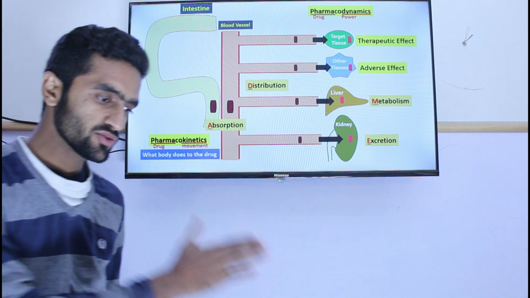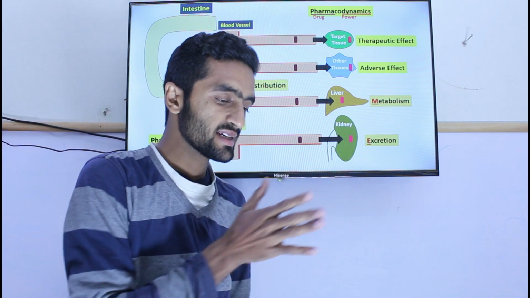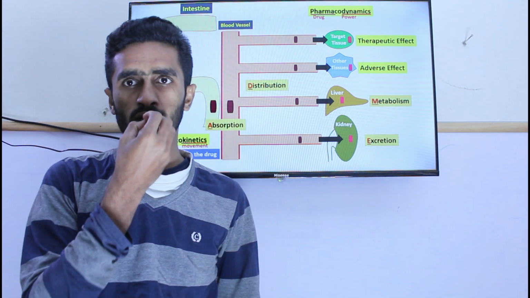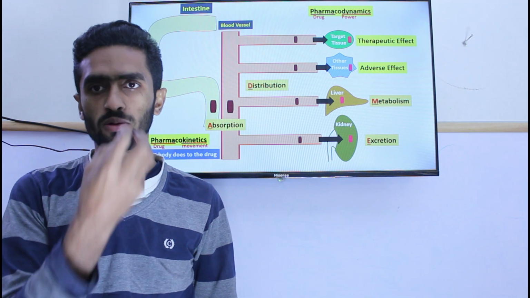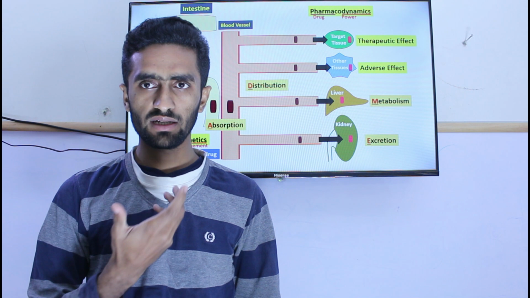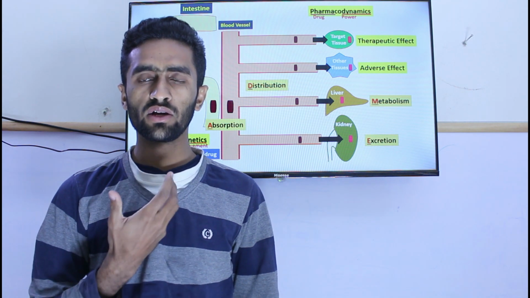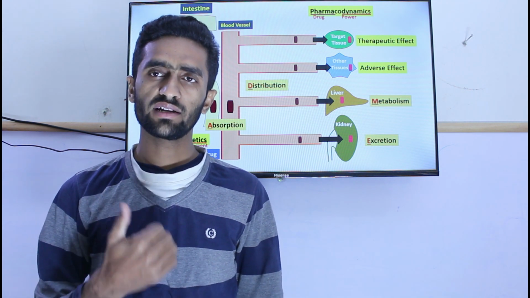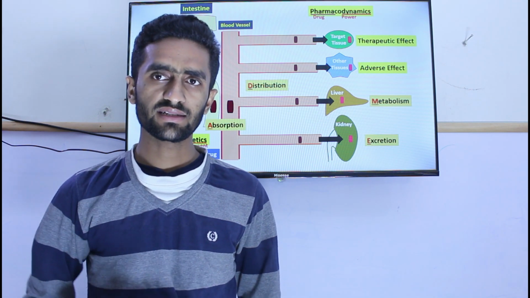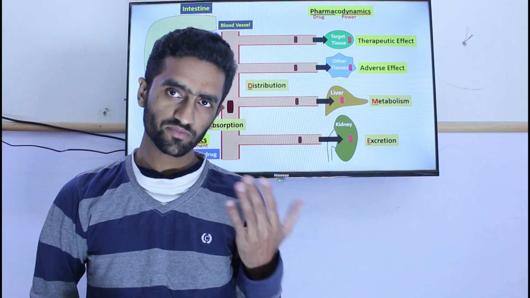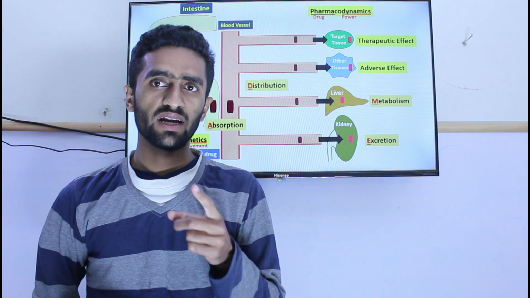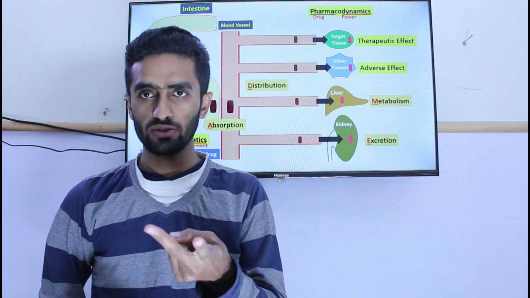Actually, the journey looks like this. For example, you have taken paracetamol by the oral route. It goes through the digestive tract, into the GIT, enters the stomach, then the intestine, and is absorbed into the blood. The first step is absorption, then it has to distribute into different tissues.